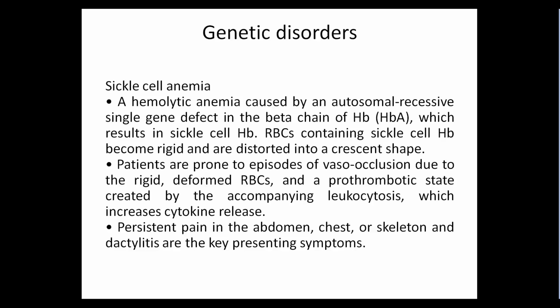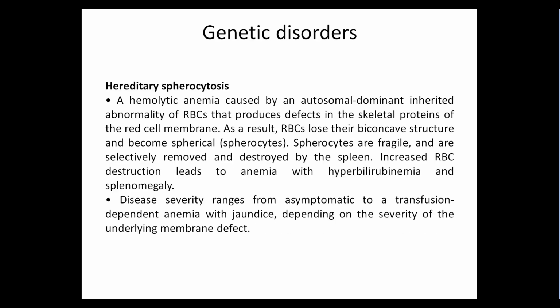Patients are prone to episodes of vaso-occlusion due to the rigid deformed red blood cells and a prothrombotic state created by the accompanying leukocytosis, which increases cytokine release. Persistent pain in the abdomen, chest, or skeleton and dactylitis are the key presenting symptoms.